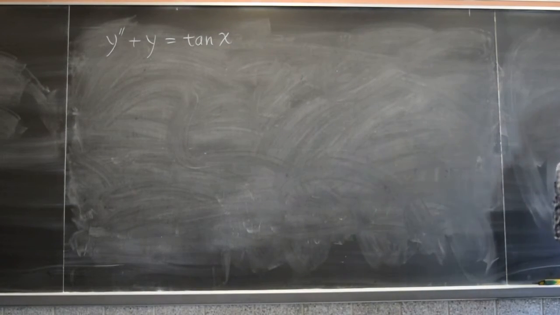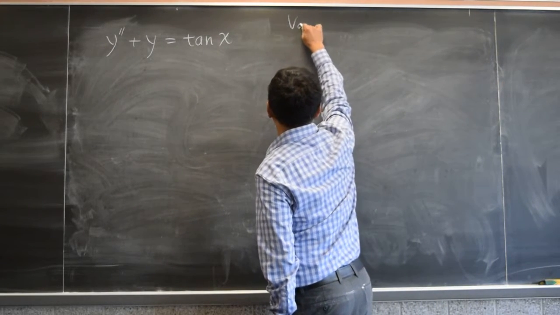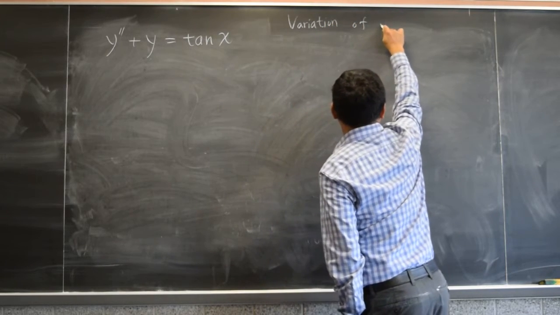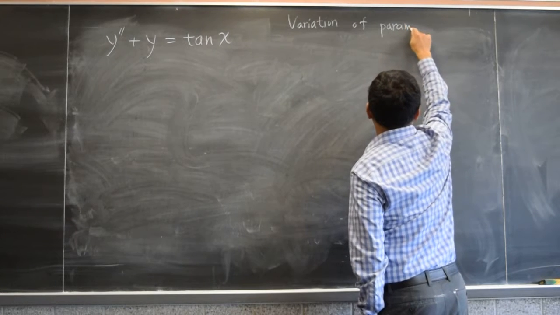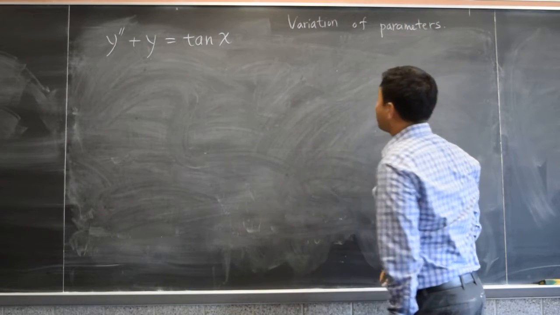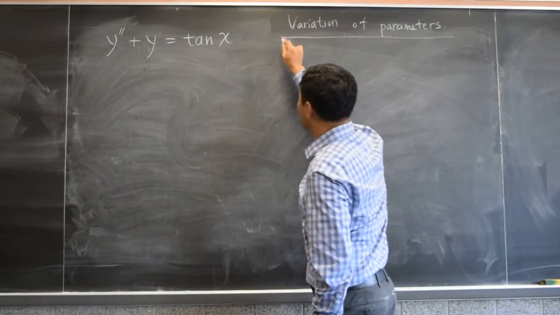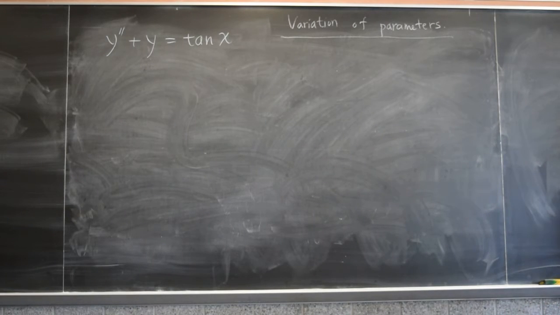And for some very specific cases, you can find the solution by using something called variation of parameters. Now, sometimes variation of parameters will give you the correct, exact answer.